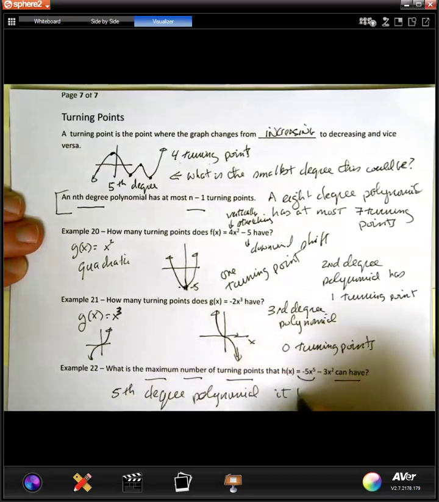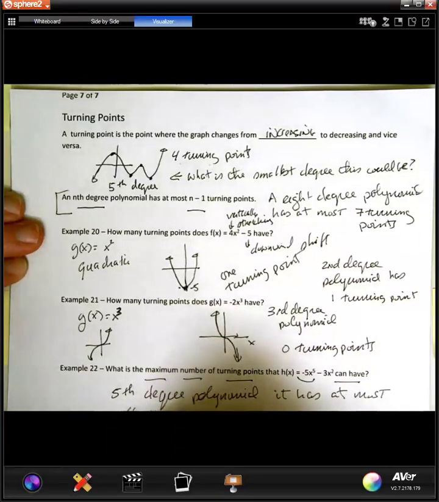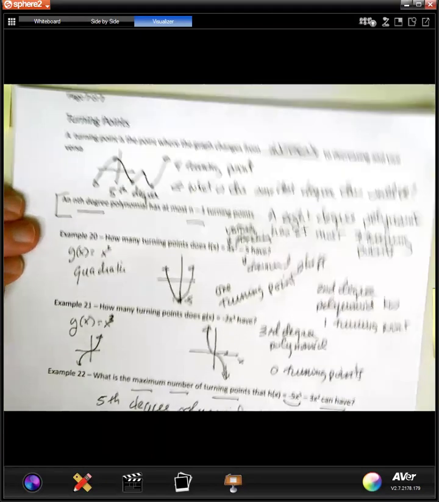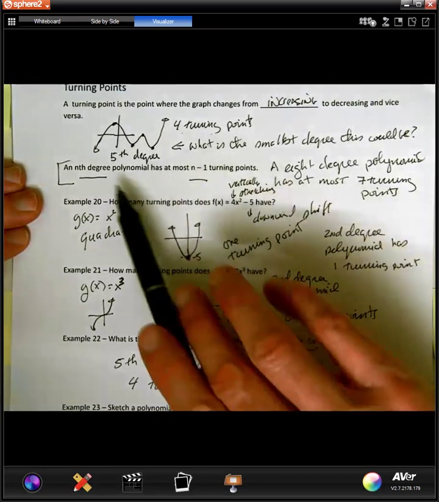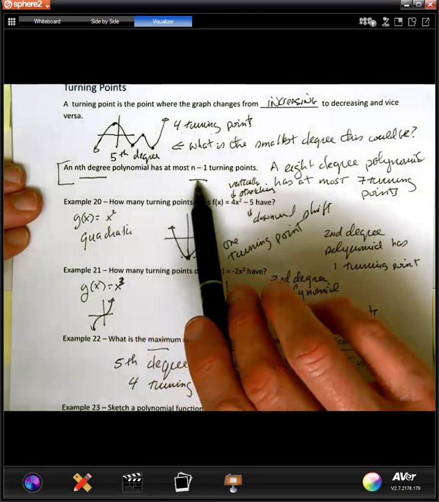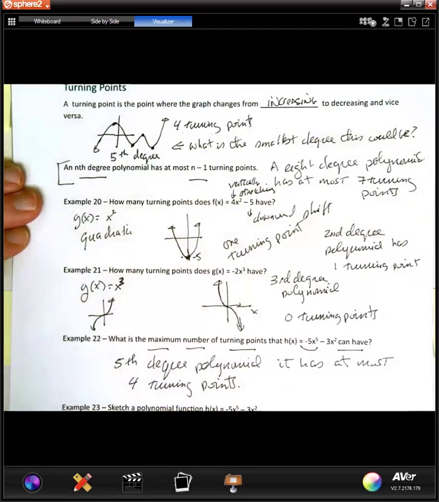It has at most 4 turning points. So that's it. What is the maximum it can have? It can have at most 4 turning points. Why? Because it's 5th degree, and an nth degree polynomial has at most n minus 1 turning points. So again, 1 less than the degree.